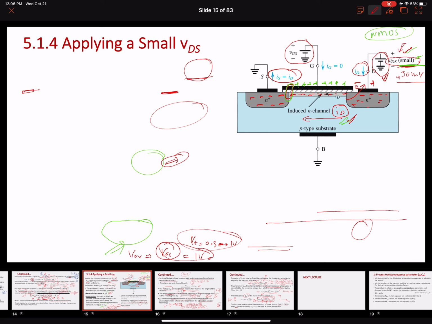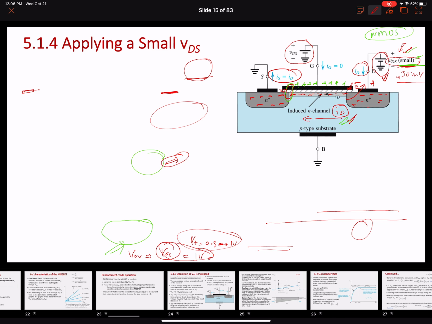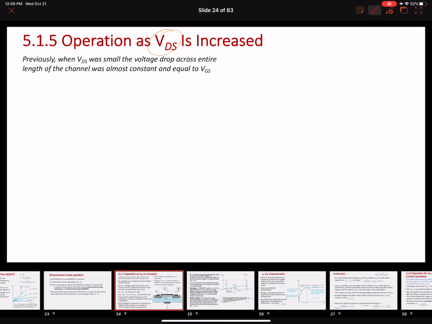So the potential across the channel at this end will remain constant throughout the channel. And this will change when we increase the VDS, because previously we kind of ignored the VDS.